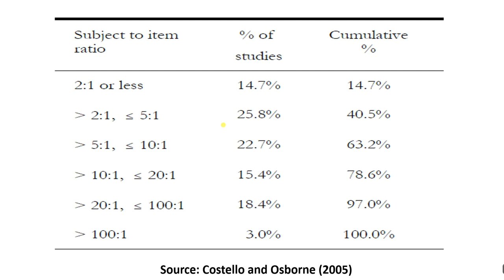Some researchers suggest that sample size is not that important if the data is strong. Strong data in factor analysis means the communalities are very high, like 0.8, and the variables are not cross-loading.